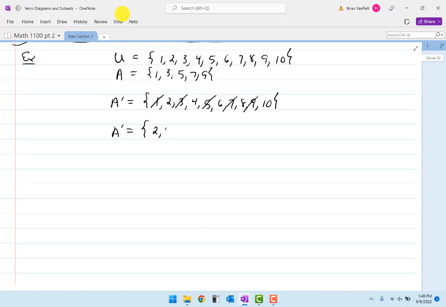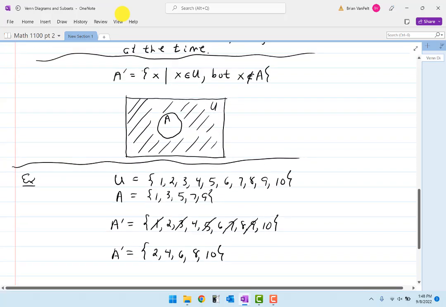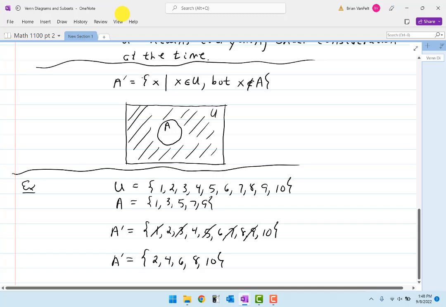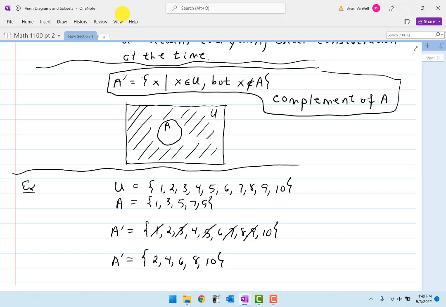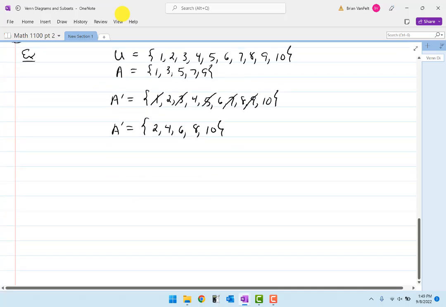So we'll have 2, 4, 6, 8, and 10. I don't think I put the word down. Let me come back to the definition. This is called the complement, C-O-M-P-L-E-M-E-N-T of A. So this is important, and it has some uses for solving various problems that you'll see later on.